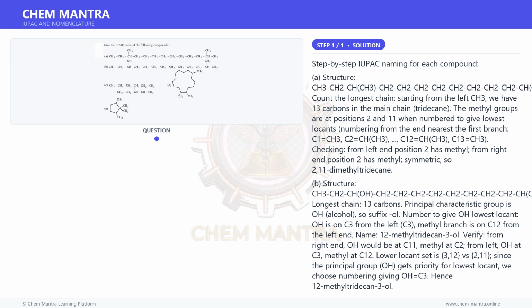C. Structure analysis. The structure shows a cross-shaped branching. The longest continuous chain must be identified. The four arms are top left chain, CH3, CH2, CH2, CH2, 4C, top right, CH2, CH3, 2C, bottom via CH, CH2, CH3, 2C, and CH3 on the central CH, redrawing central bond CH-CH with substituents.